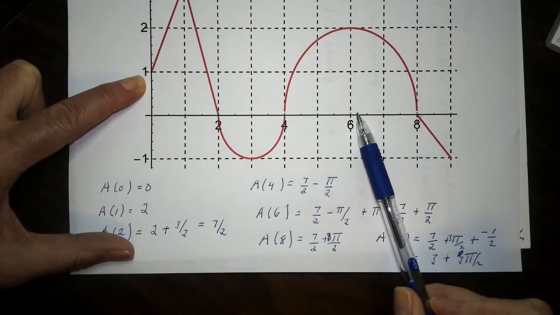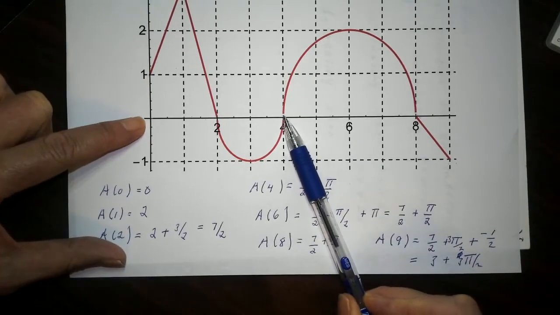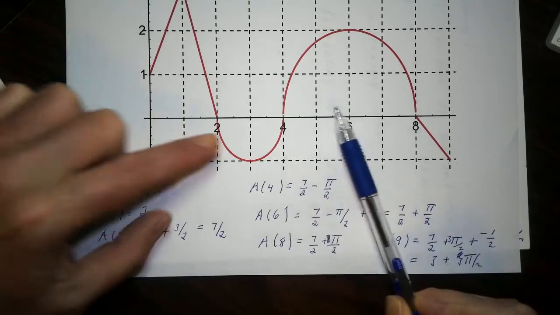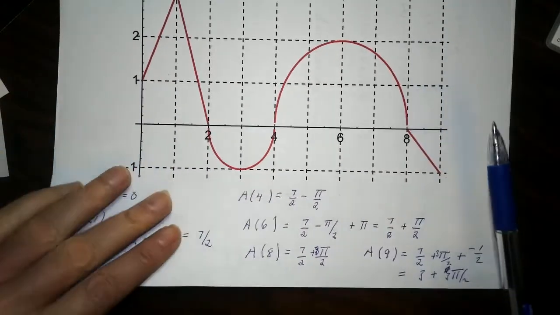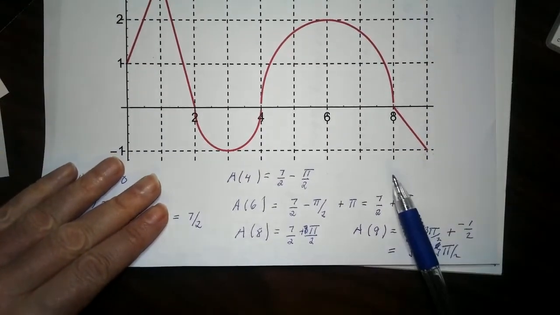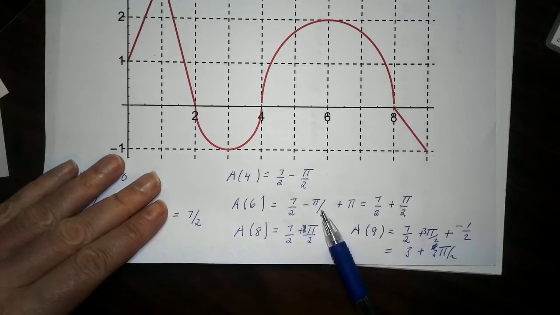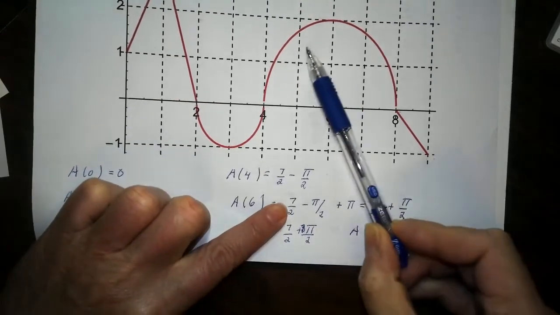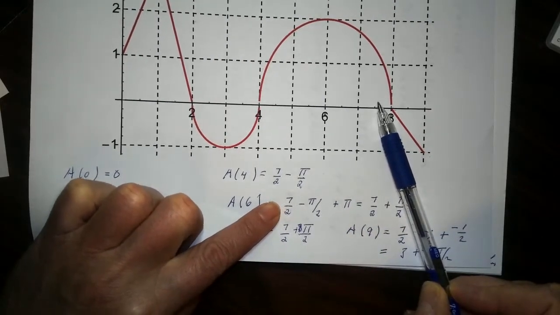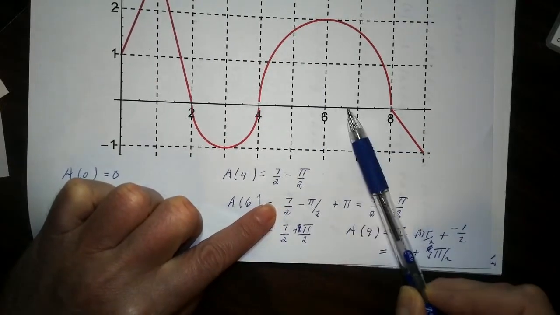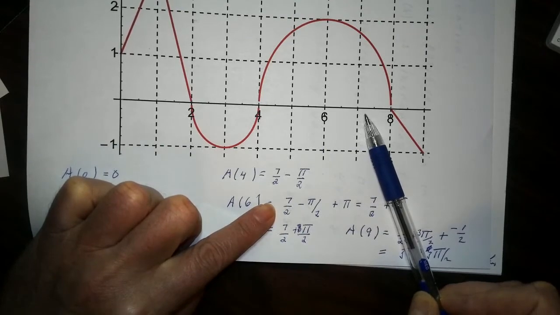If I want A of 6, it would be the amount of area I accumulated between 0 and 4, and then we add to that how much area is accumulated between 4 and 6. So we take that 7/2 minus pi over 2. I've got a circle of radius 2, so the area of a circle of radius 2 would be 4 pi.